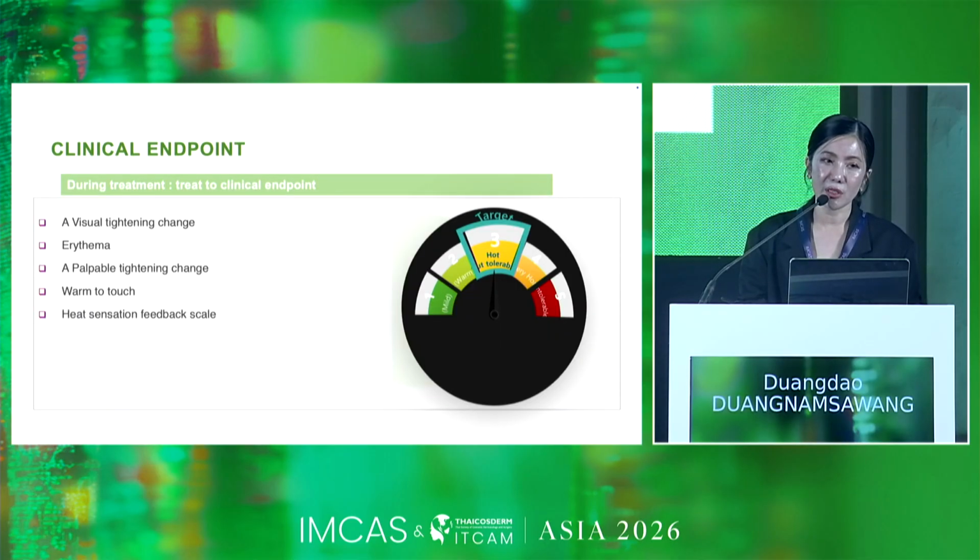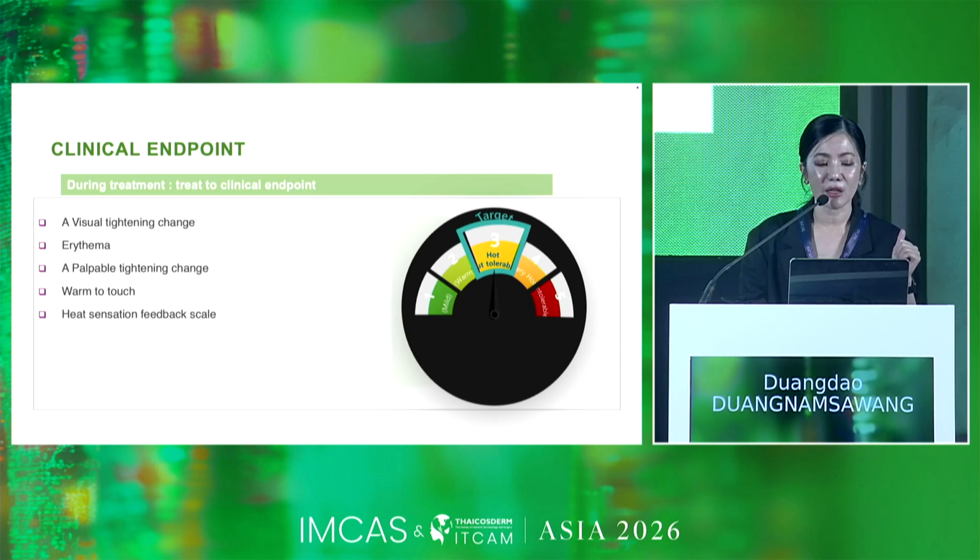The important thing is that we should reach the clinical endpoint. During the treatment, you should check all the time. The first is seeing a visual tightening change. The second is seeing the erythema.